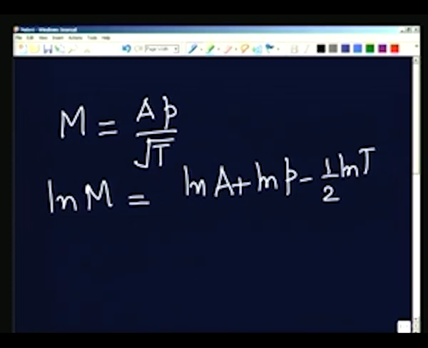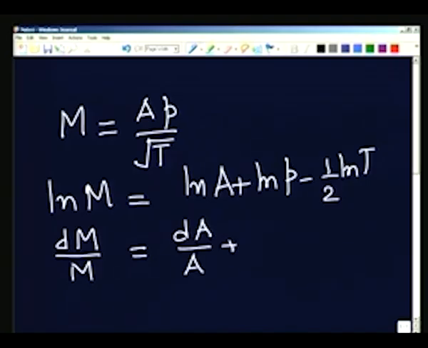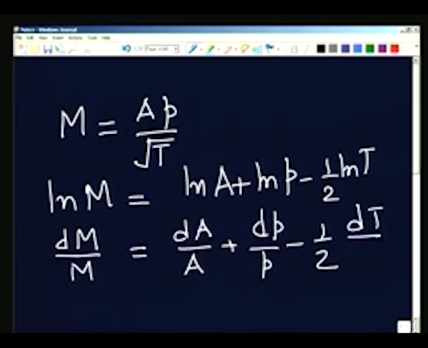Very simple, straightforward, and therefore, if I differentiate now, it gives dm by m equal to dA by a plus dP by p minus half dt by t.